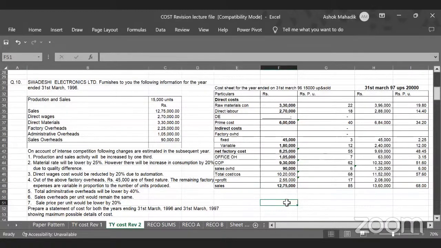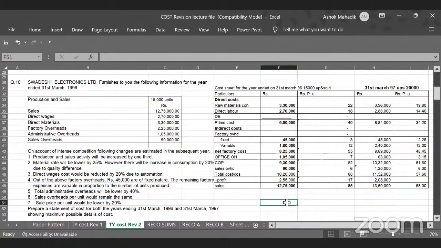Whatever answer you get, then press minus 25%. Are you getting it? Even if you first do minus, then it is also fine. So 22 minus 25% plus 20%, you get the same answer. It should be 19.80 per unit, whether you do consumption or price first.